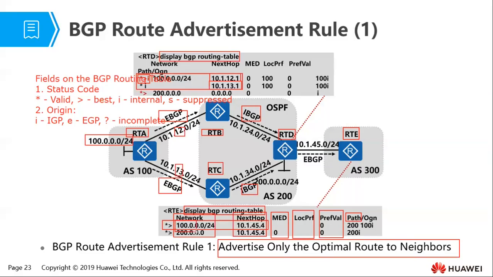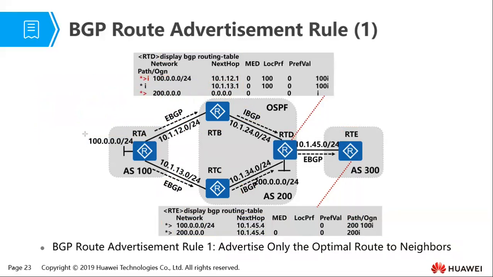For example, this network 100. Let me just clear everything. This network 100 has been advertised from AS 100. Now, when it's advertised to the next AS, the path is noted that, hey, I've come from AS 100. Now, when it enters AS 200 and RTD advertises it to RTE, which is in AS 300, it also adds on the path that, hey, this guy has also passed through AS 200.